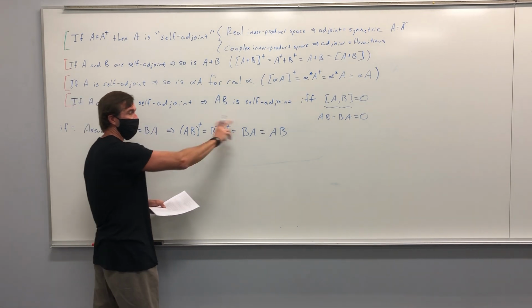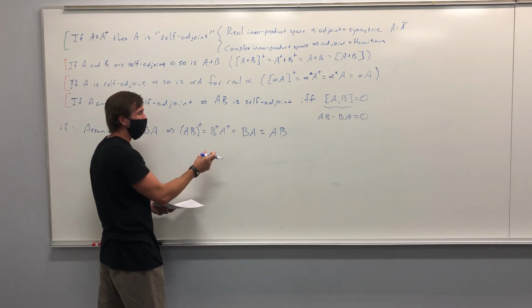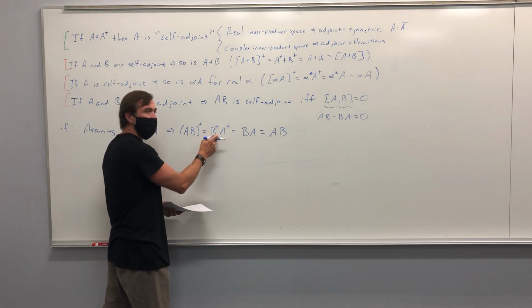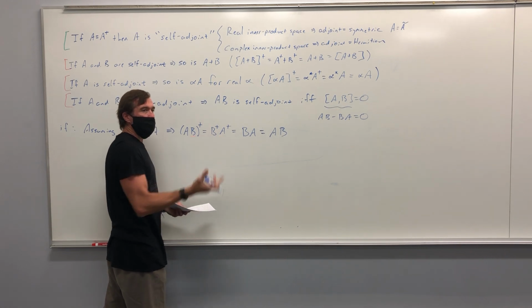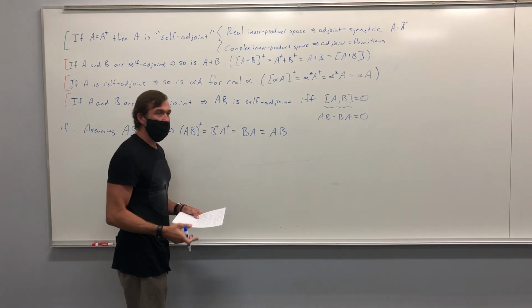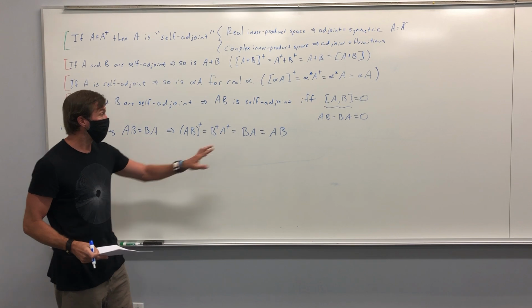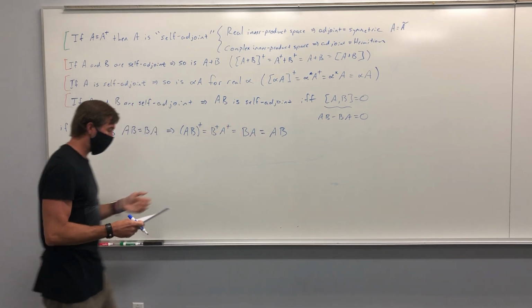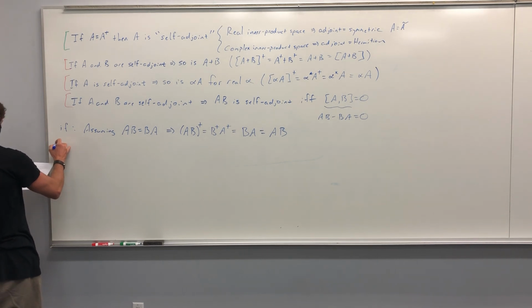Again, this is one of those where you look at it and say, is he really doing anything? If A and B are separately self-adjoint, it is not immediately obvious that their product is self-adjoint, but we just demonstrated that it is, only if you can reverse the order of A and B. They commute. And now let's do the only if direction.